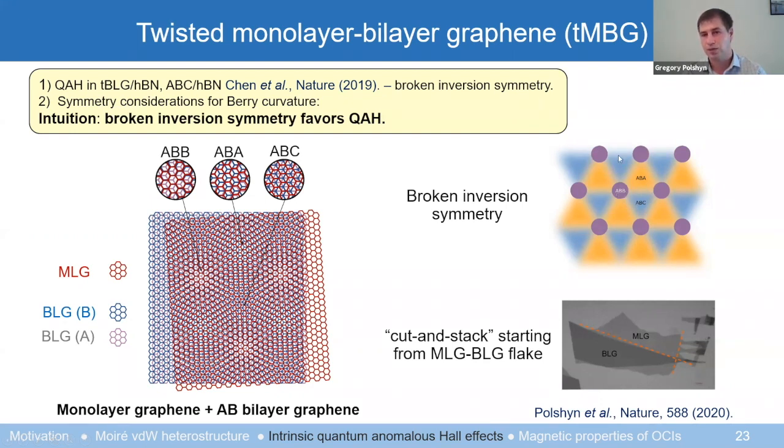So you can see that there is no inversion symmetry, there is only threefold rotational symmetry in the structure. Experimentally, to fabricate such structures, we have to use a small trick. We need to find graphene flakes which have both a monolayer region and a bilayer region. Then we can use the same tear and stack technique, basically tear it in half and stack on top of each other, adding some small twist angle.